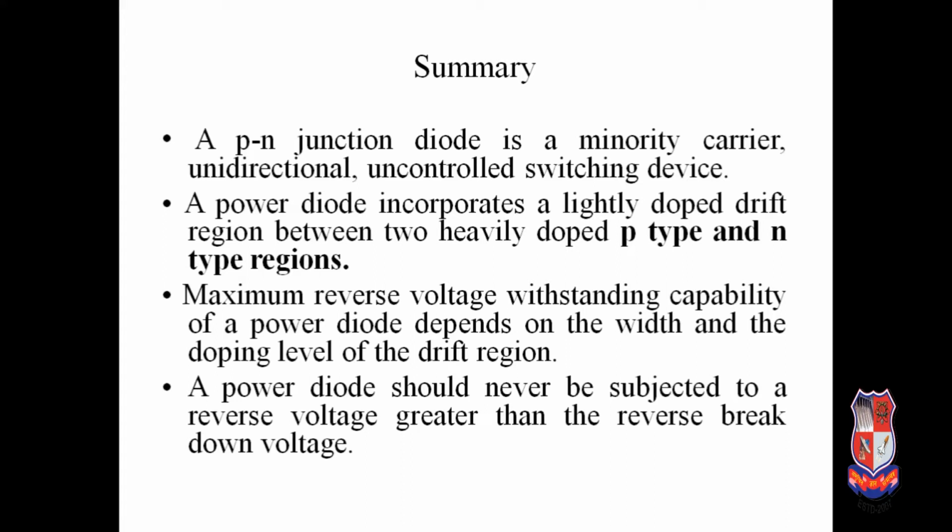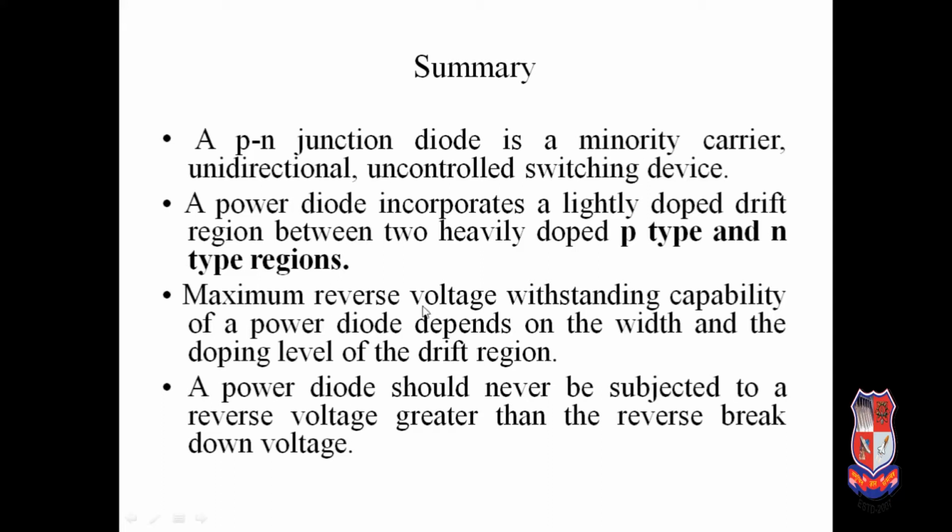If you are using a PN junction, in between P and N you add the drift region, and you will vary the drift region width. By varying the drift region width, you can vary the current and voltage ratings of the PN junction diode. So this is nothing but the lightly doped drift region between the two regions.